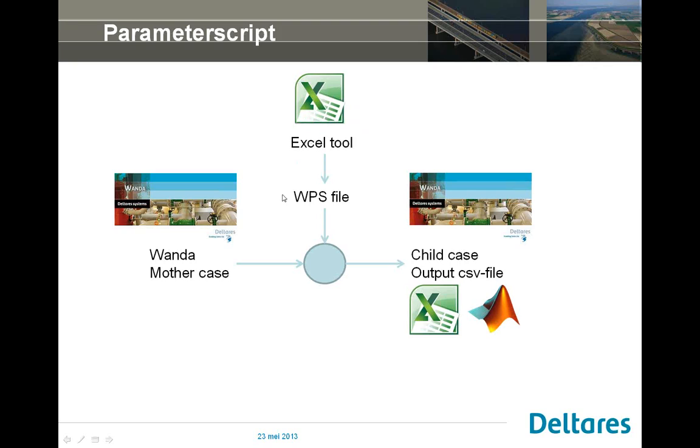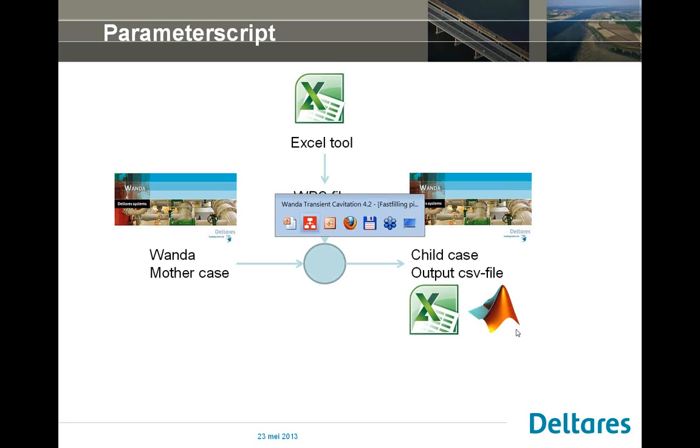Then this tool creates a WPS file, which can be used to run the parameter script together with the model case to produce some child cases, and also an output CSV file where the outputs as specified in this phase are listed. That can be opened in Excel, but you can also load it into MATLAB, of course, whatever you like.